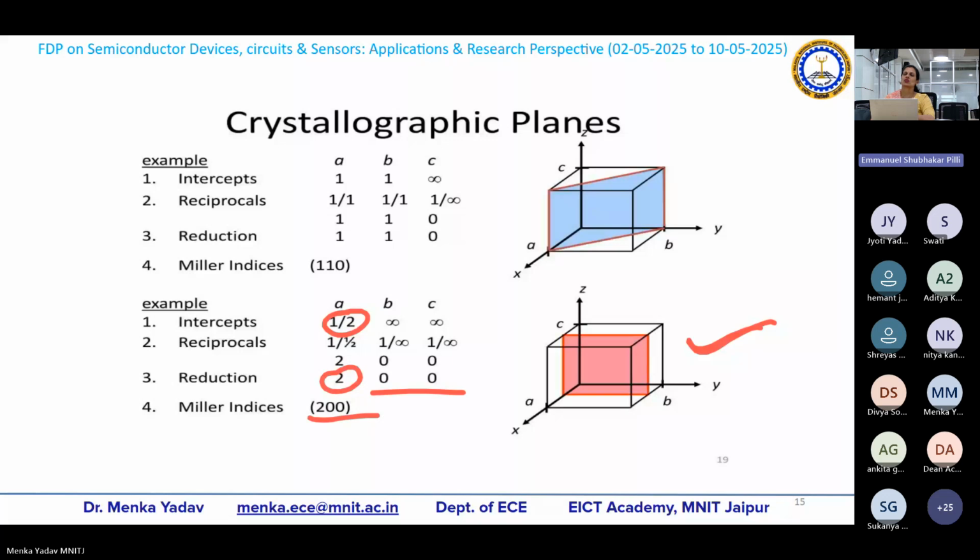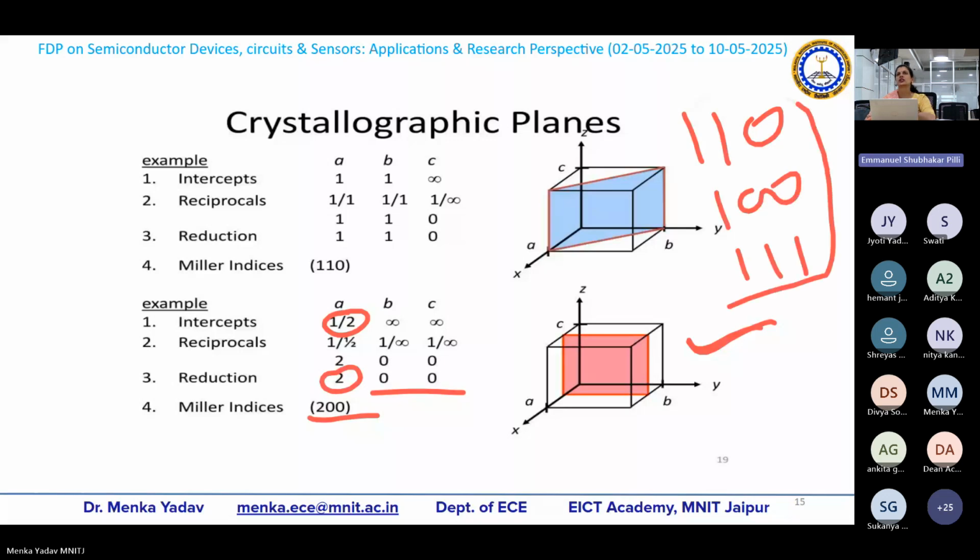For silicon, the most widely used planes are 110, 100, and 111. These are the orientation planes which are commercially used. Then there is a set of planes, which are represented by these brackets. A set of planes means planes similar to those and other categories.